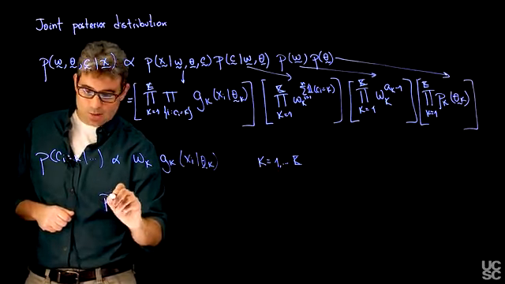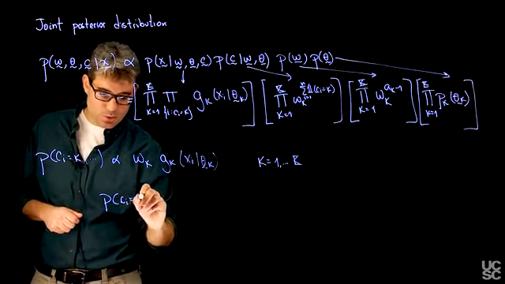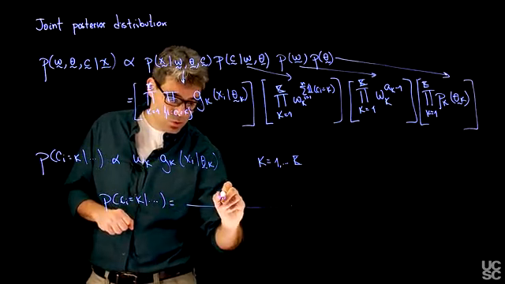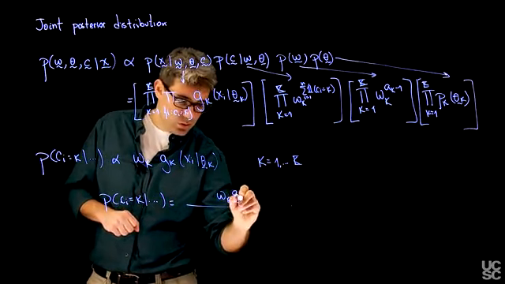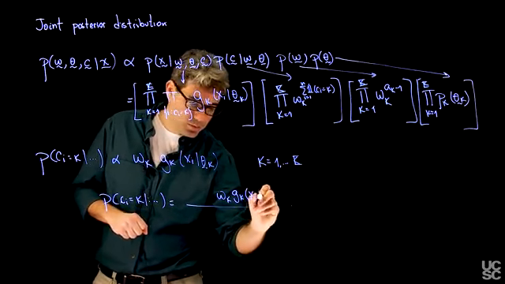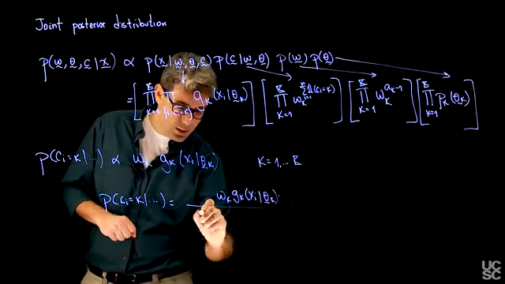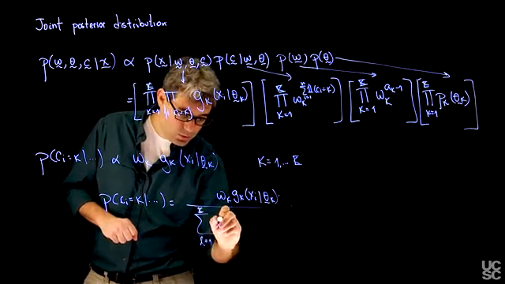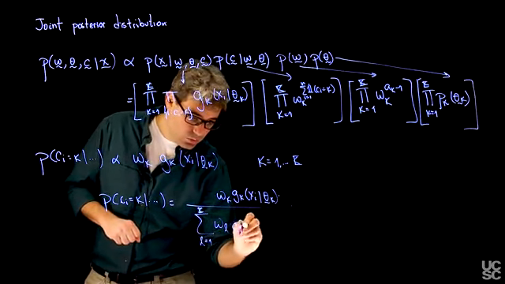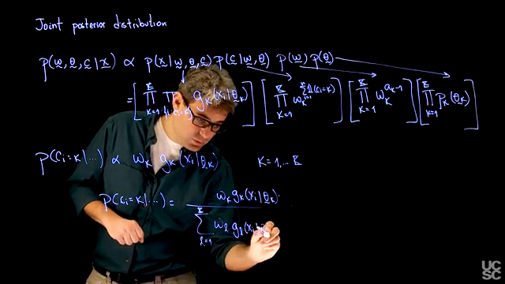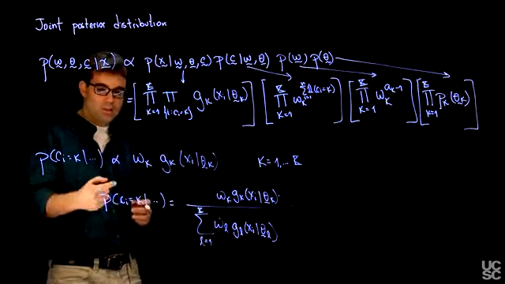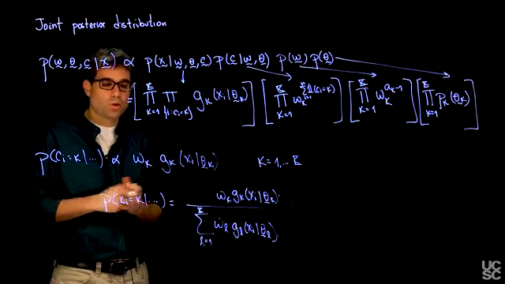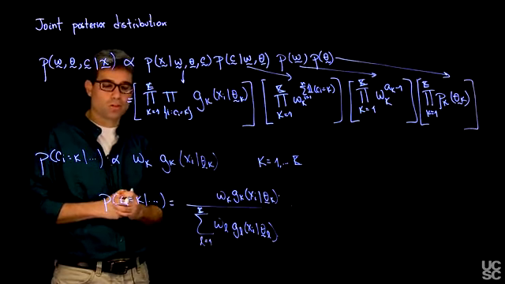So that means that P of c sub i equals k, given all the other parameters, is equal to omega sub k G sub k of x sub i given theta k divided by the sum from L equals 1 to capital K of omega L G sub L of x sub i given theta L. And if you look at this expression carefully, you will realize that it is very similar to the expression that we used when computing in the EM algorithm the weights associated with each one of the observations.